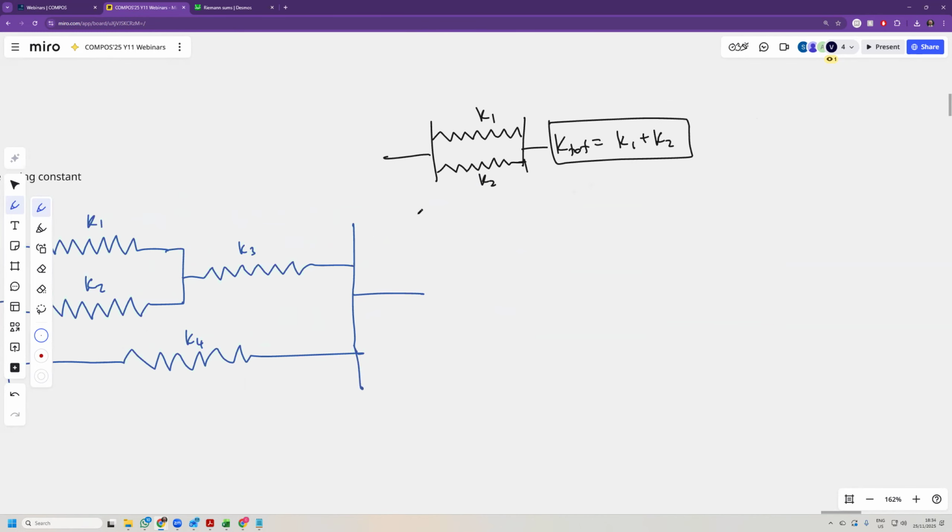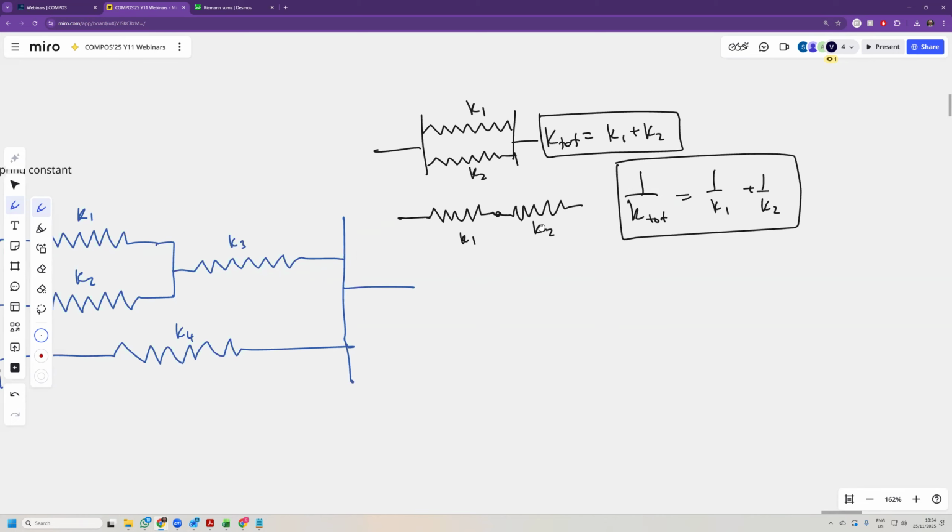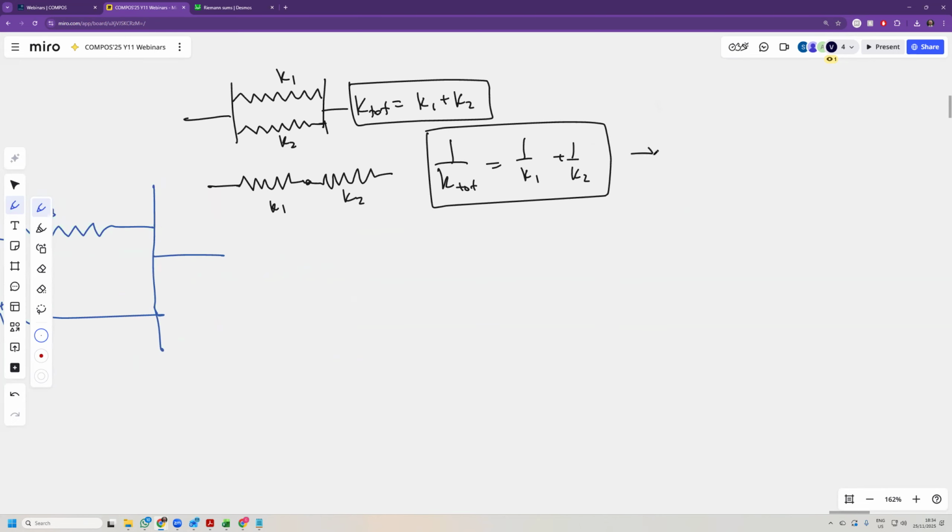If you have two springs in series, then K1 and K2, the total, so 1 over K total is 1 over K1 plus 1 over K2. But this formula can be rewritten. From here you can find the common denominator.